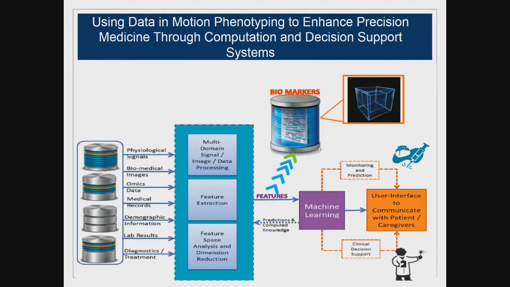So what our group has done at Michigan is we've developed a system. Right now at Michigan, we are streaming every physiologic signal from every monitor in the critical care units.